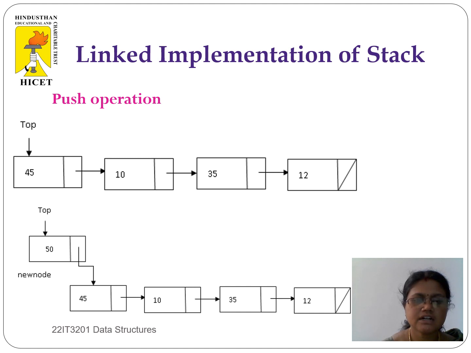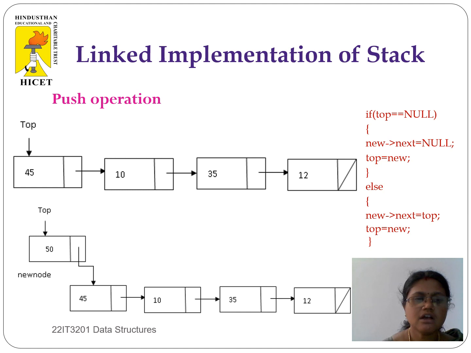After that we have to make two changes. One is to make the new node's next pointer point to the top, and then make the top pointer point to the new element, that is, a new link will be created. If we do this, 50 automatically becomes the topmost element of the stack, followed by the old elements, which are 45, 10, 35 and then 12.